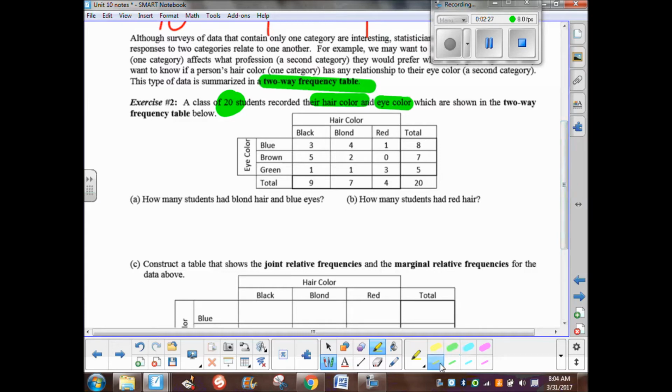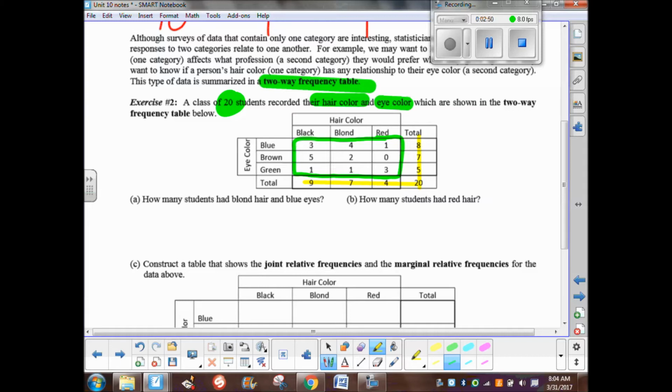And this is called, like I said, a two-way frequency table. These here, okay, are your margins, okay, nothing earth-shattering there. And then this in the middle, we're going to see on the next page, are going to be called the joint frequency. Okay, the joint frequency. So these are the marginal frequencies that I highlighted in yellow, and then the joint frequencies come into the center.